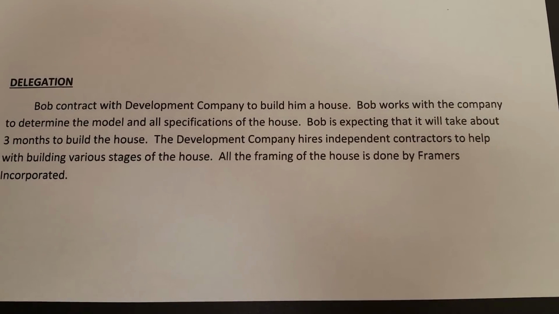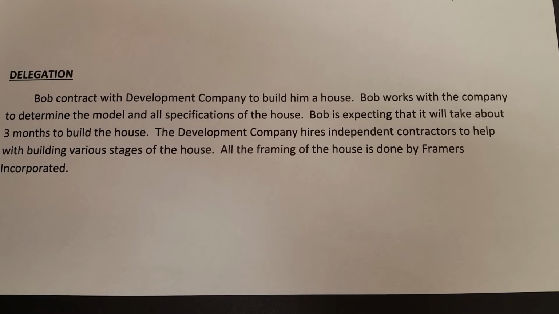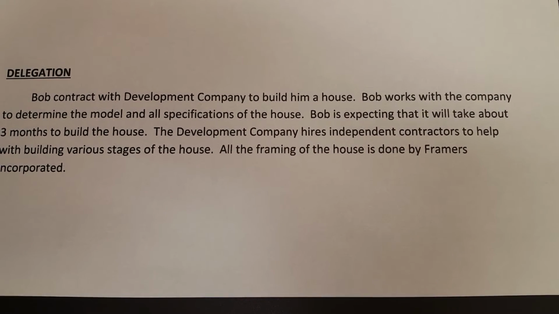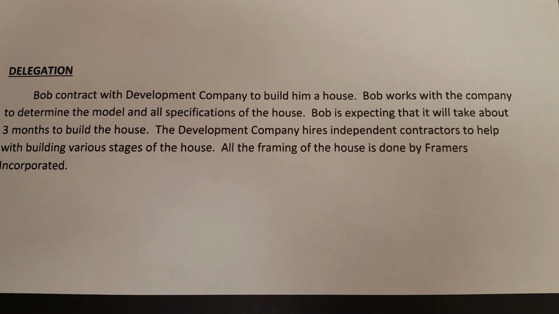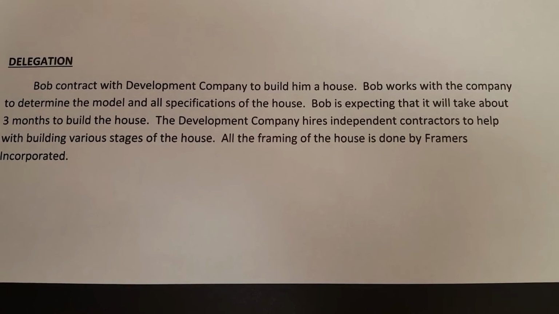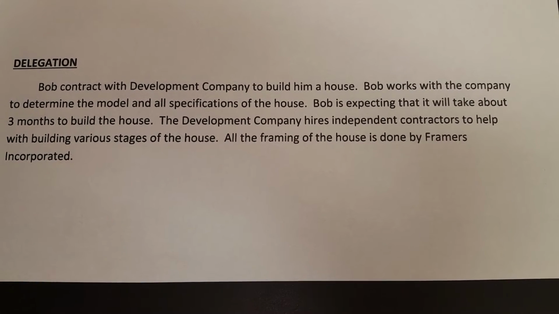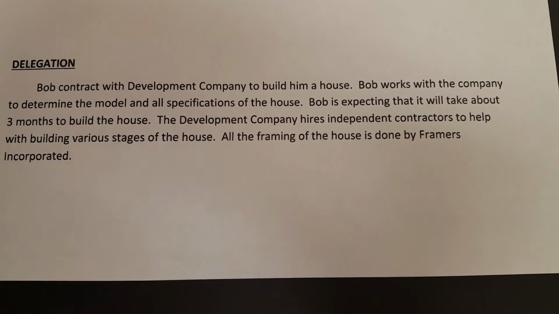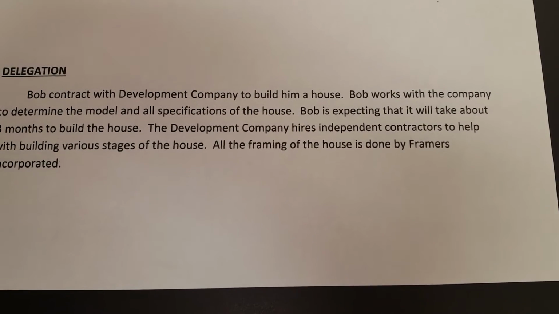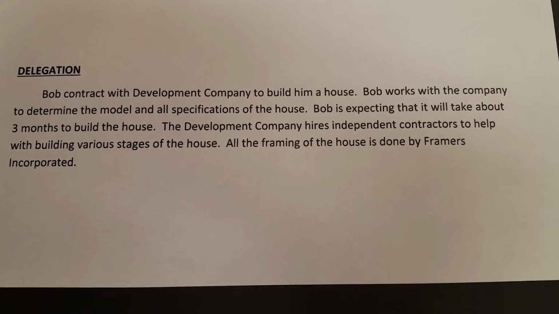Next, we're going to take a look at a delegation example. In this example, Bob contracts with a developer, the development company, to build him a house. Bob works with the company to get the model and all the specifics for the house worked out, and he's expecting it's going to take about 3 months before the house will be ready for him to move in.